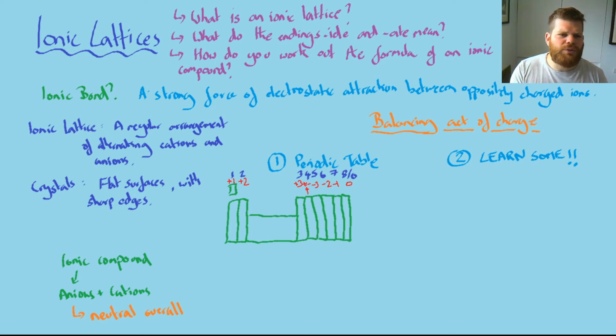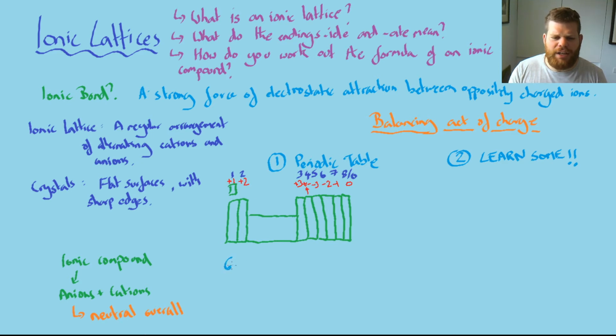Now what you'll notice is that those numbers line up with our groups. So we've got group 1 is +1, group 2 is +2, group 3 is +3, group 4 is ±4, and so on and so forth. Now this is how this works.